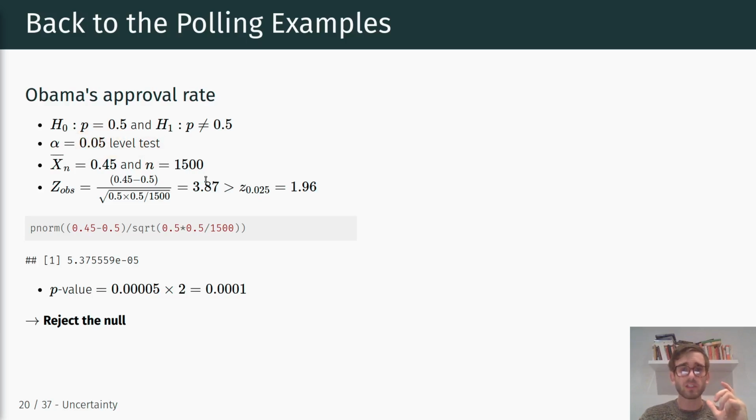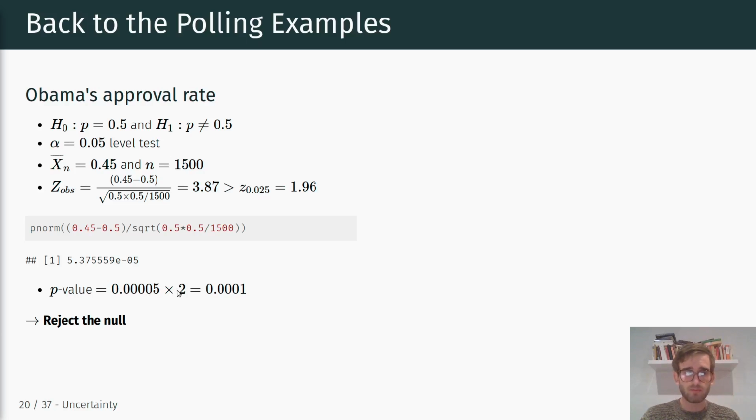Okay, we can also directly compute the p-value, which is the probability of observing our specific test statistic under the assumption that the null hypothesis was true. In order to do that, we can just use the pnorm command and plug in the equation that we just derived. Of course, this is a two-sided test, so we have to look at the probability of being larger or equal to that z value on both sides.